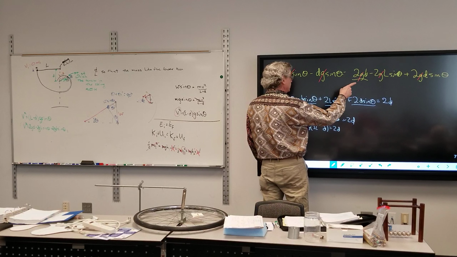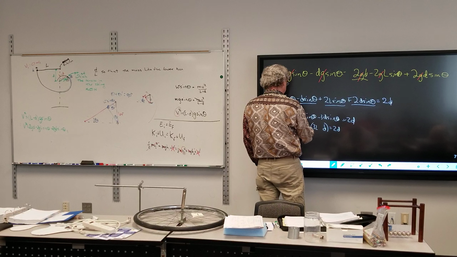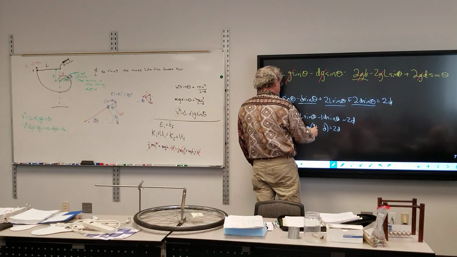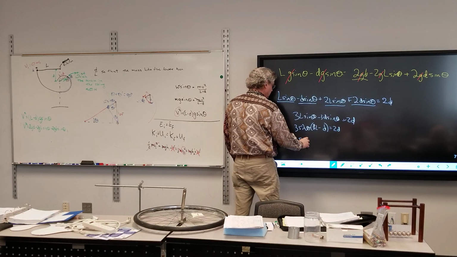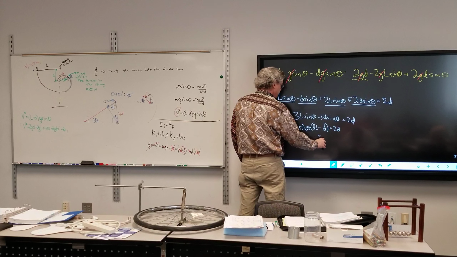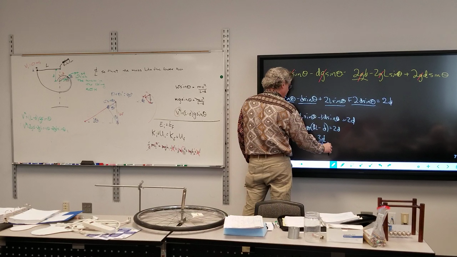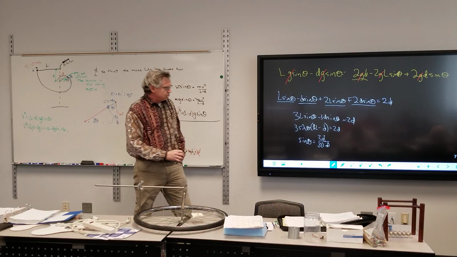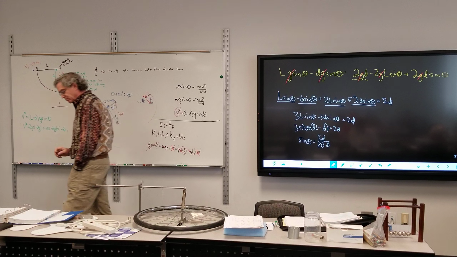So that's negative, so minus 3. We can factor our 3 out. So sine theta is equal to 2D over 3L minus D. Hopefully that looks better.